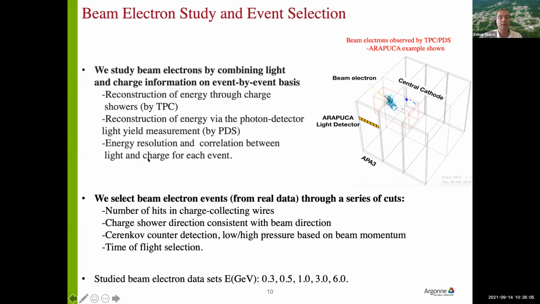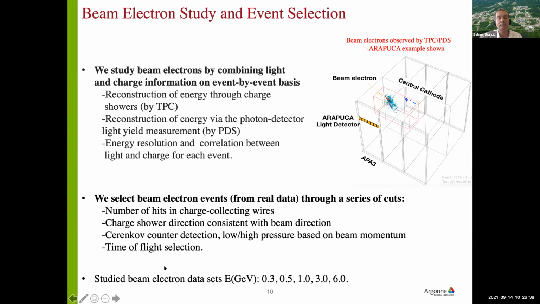Basically, the idea is to select these events, and the selection includes cuts on the number of hits in the charge collection wires. The charged shower direction is required to be consistent with the beam direction, as opposed to cosmic rays that are mostly vertical. And then you can do particle identification with the help of the beam instrumentation that includes a Cherenkov counter detector within the beam line and also time of flight.